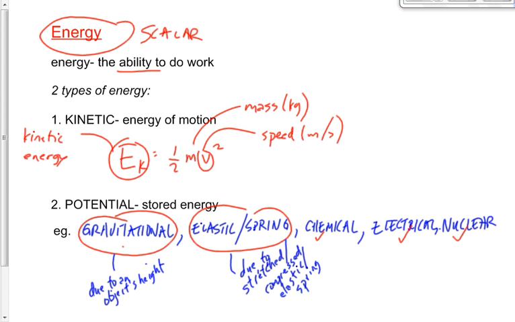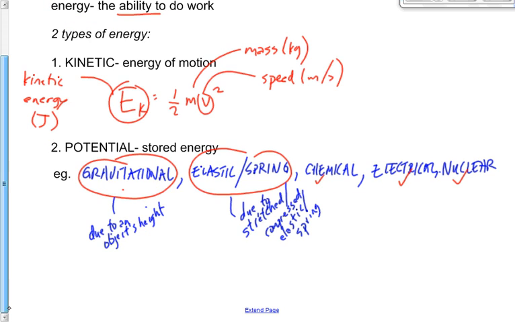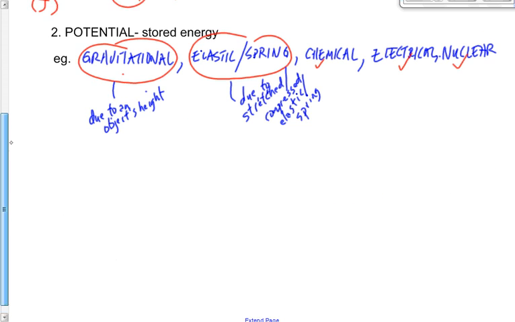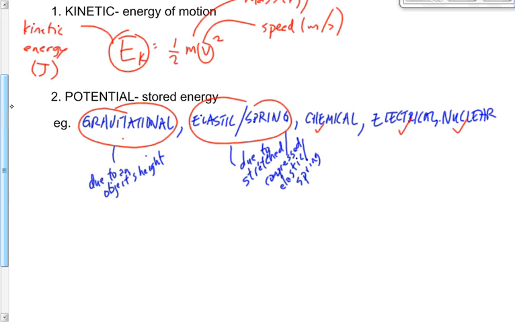You guys remember the units for kinetic energy? Yeah, good. Capital J, joules. Gravitational potential energy. EP is equal to, remember this one?